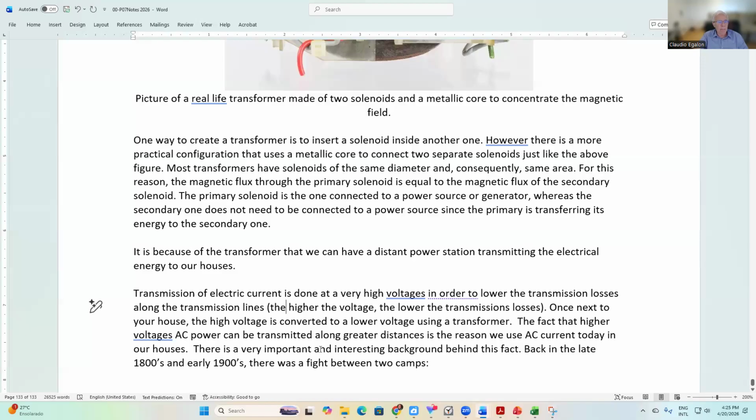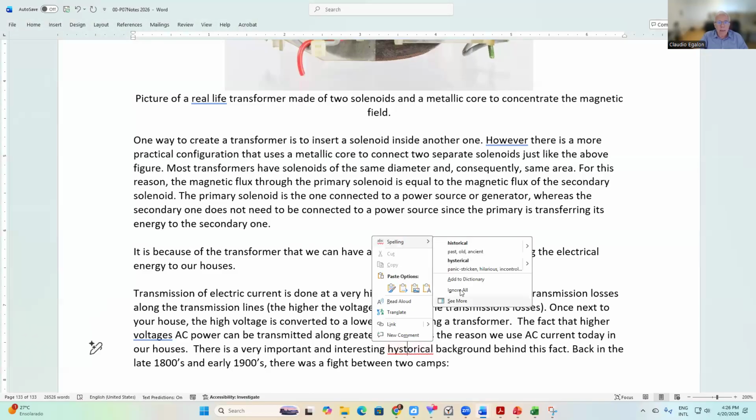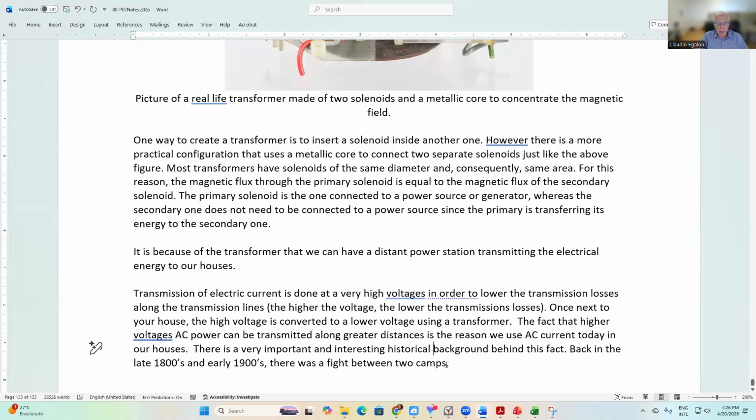There is a very important and interesting historical background behind this fact. Back in the 1800s and early 1900s, there was a fight between two camps. If you can, watch that movie, The Current War, a 2017 movie.